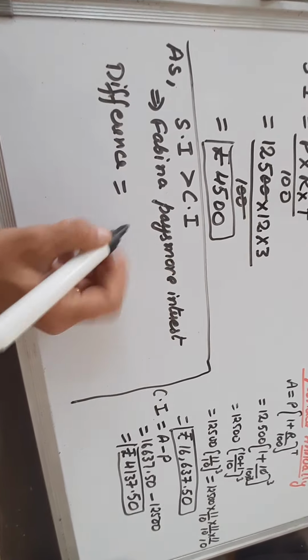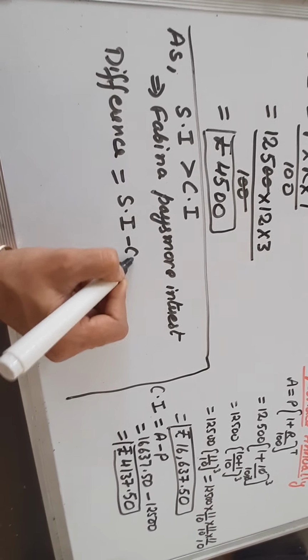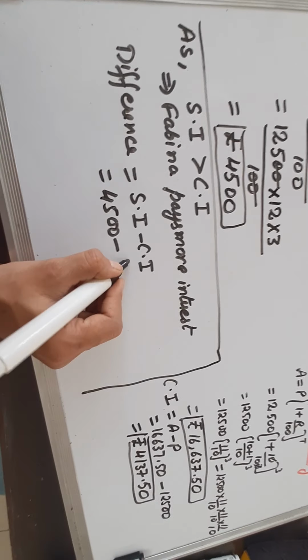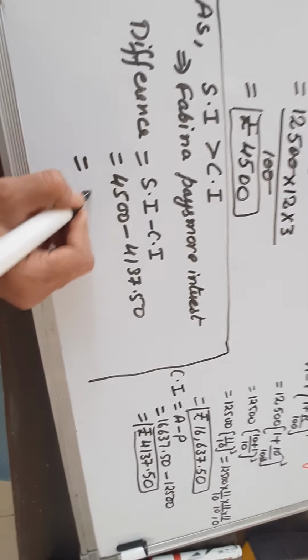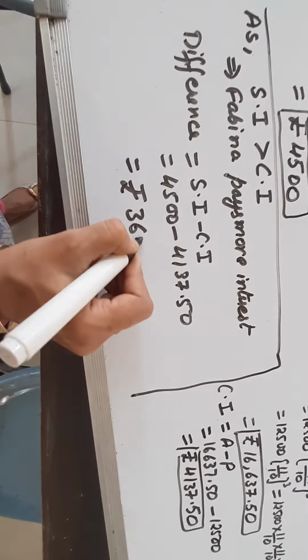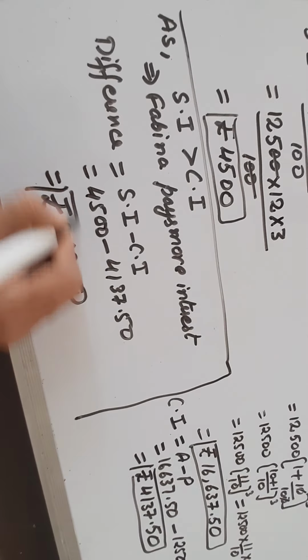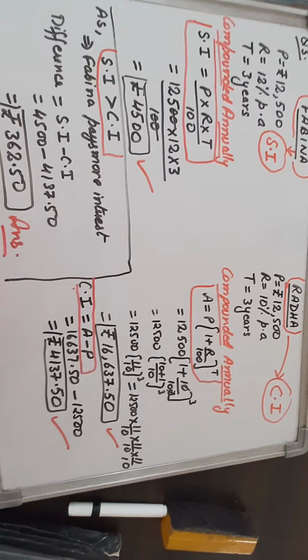Subtract करेंगे greater में से: simple interest minus compound interest. So that is 4,500 minus 4,137 rupees 50 paisa, and the difference is rupees 362 and 50 paisa. So this is the difference. So I hope it is clear to you.